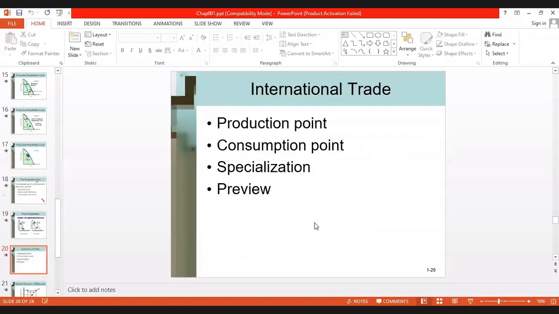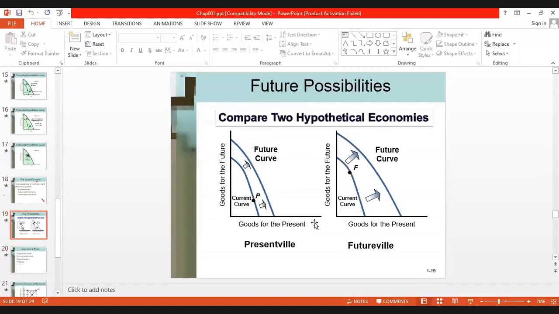But because of international trade, we produce a combination of goods on the production possibility curve, and we export some of that commodity to other countries, then import from other countries.